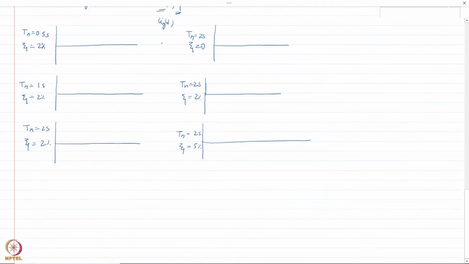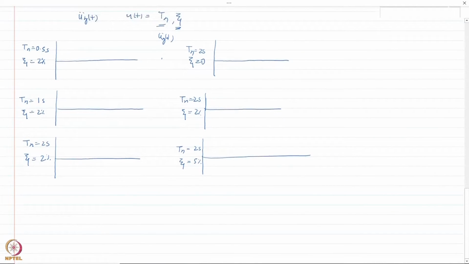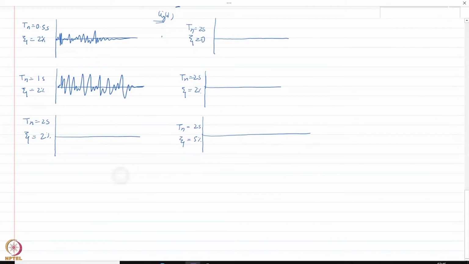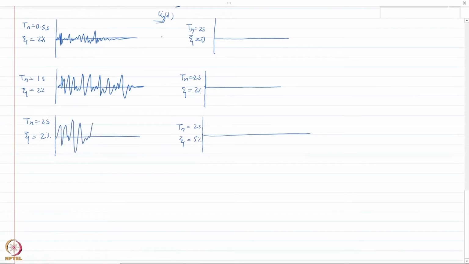So what happens? Typically, if you are given a ground motion, the response would look something like this. As you increase the time period, it would look something like this. If you further increase the time period, it would look something like this.